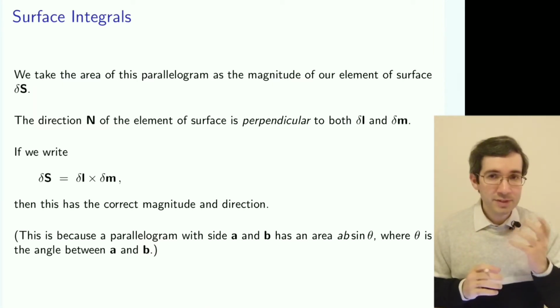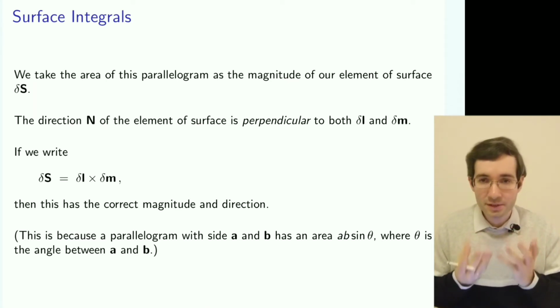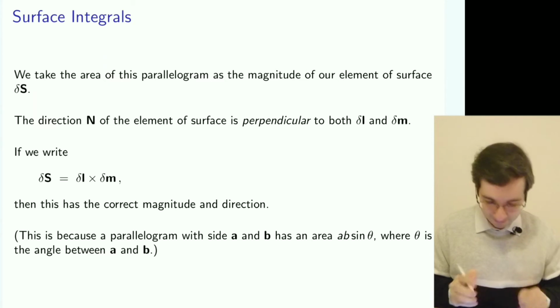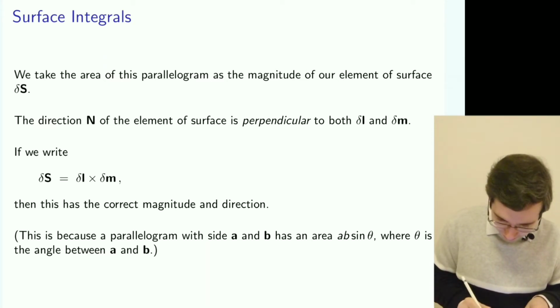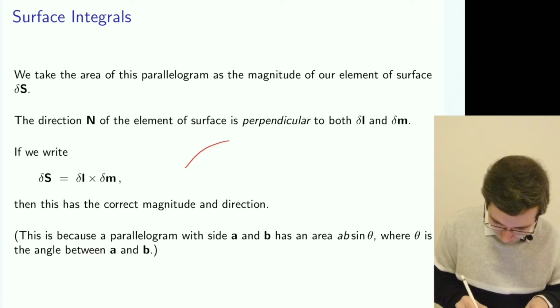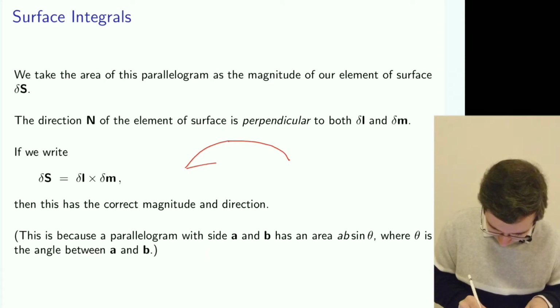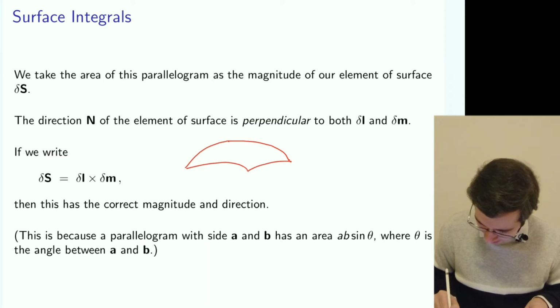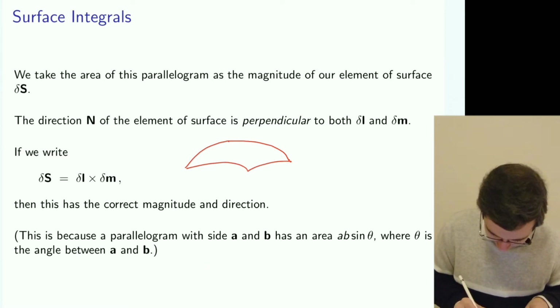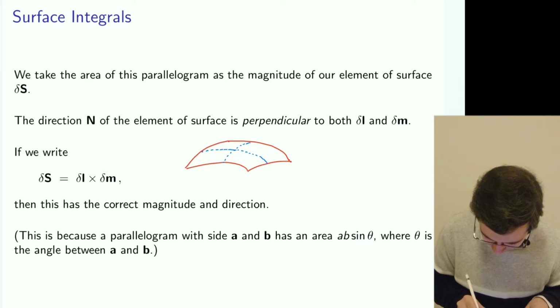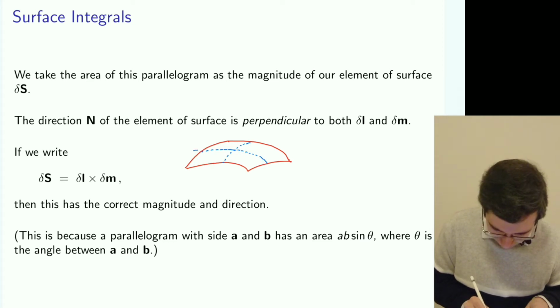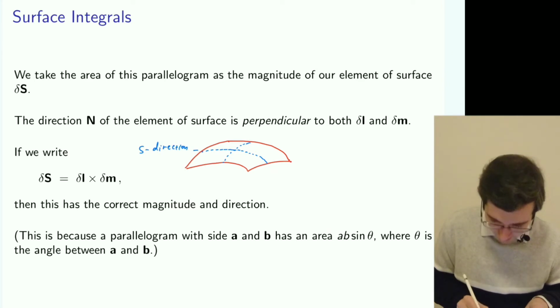So let's think of a sketch to get a better feeling of what this little element of the surface looks like. So let's plot our surface and take a little element along it. So we have 2 directions which define the surface. So let's say this is the s direction and this is the t direction.